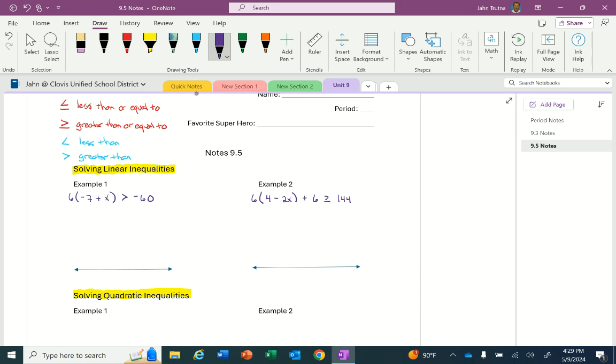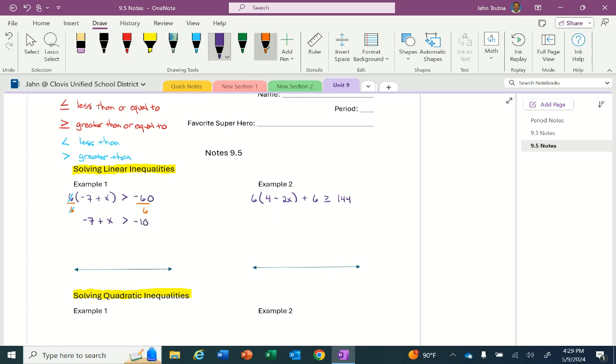So in example number 1, to solve this equation, my first step would be to divide both sides of the equation by 6. That would cancel out the 6's on the left, and that would create the inequality -7 plus x is greater than -10.